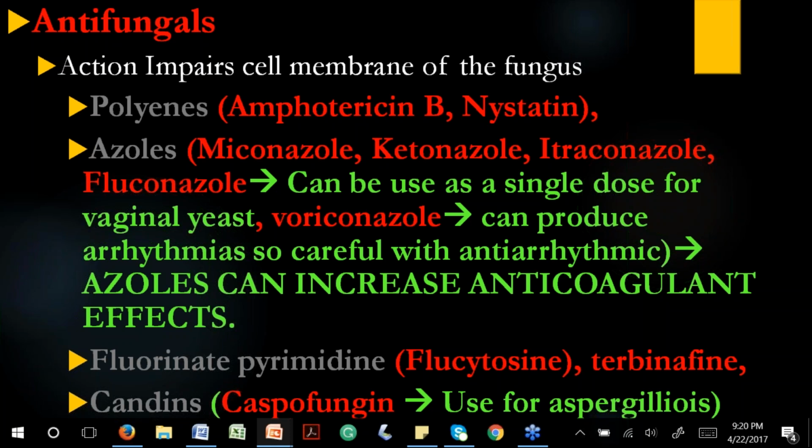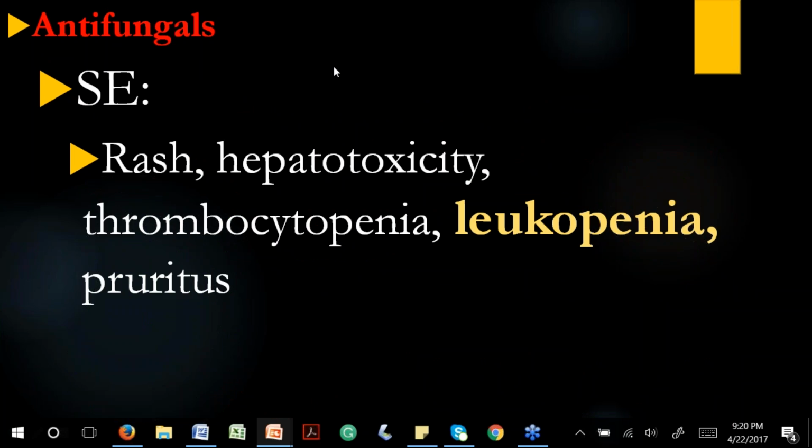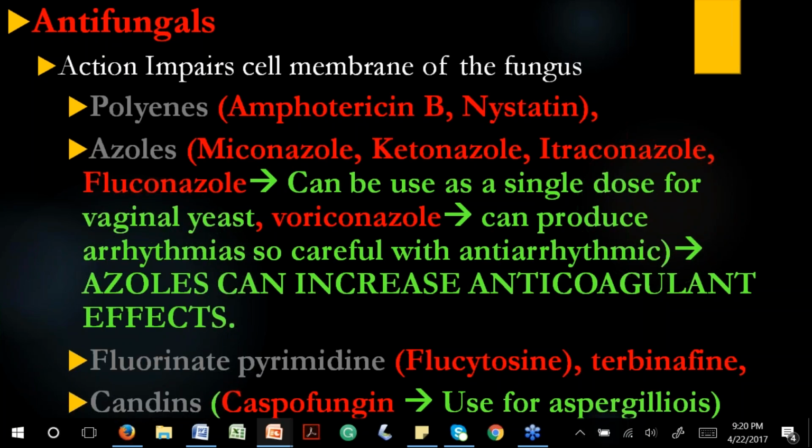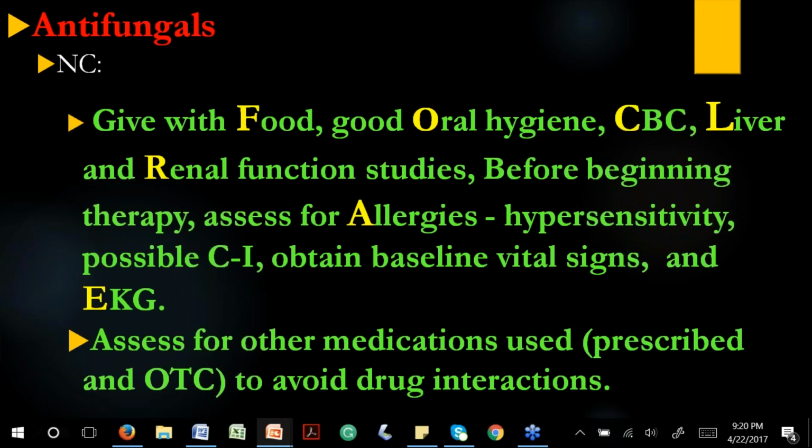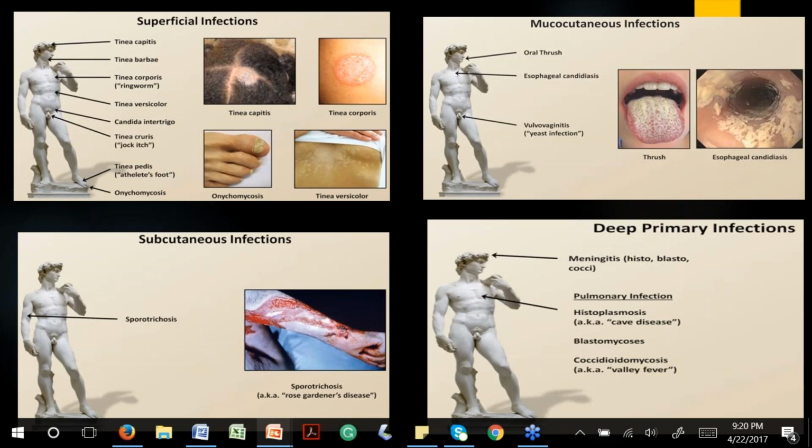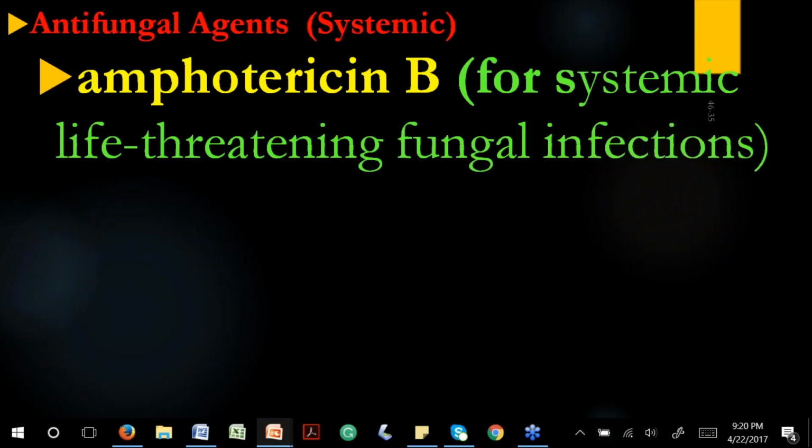I'm not going to talk about other types of fungal infections like paracoccidioidomycosis, etc. But definitely when you have, for example, aspergillosis, that is a systemic fungal infection too, and we will see the treatment for that in a bit.